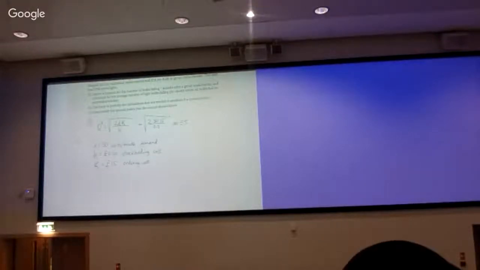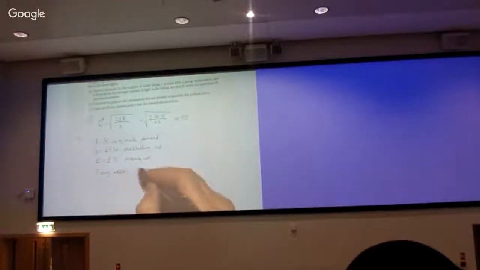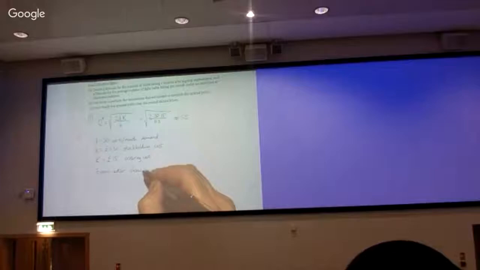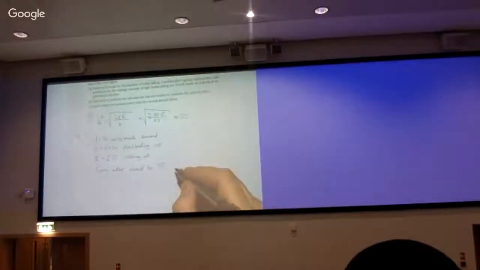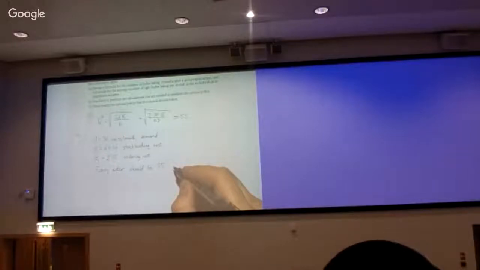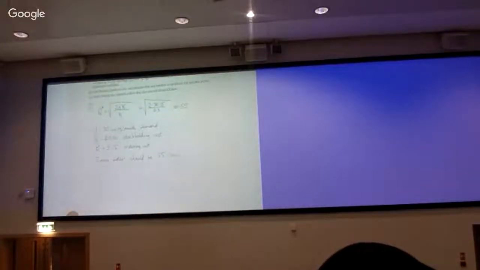Okay, so every order should be 55 items, and therefore the time is, well, because you need 30 per month.